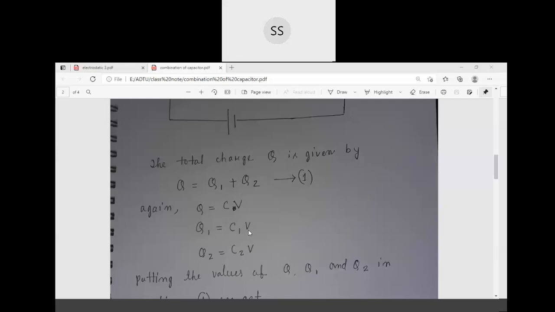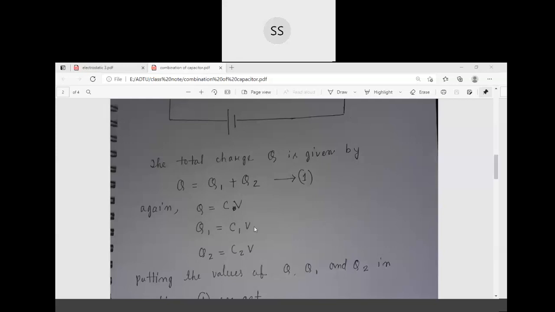You have to remove V. So what will be V? What will be the value of Q1 in terms of capacitance and charge? You have to remove V. So from this equation we know that V equal to what? Q by C1 plus C2, right?